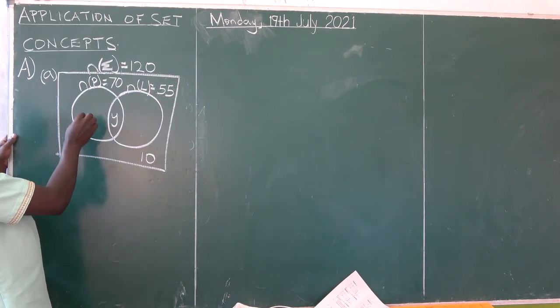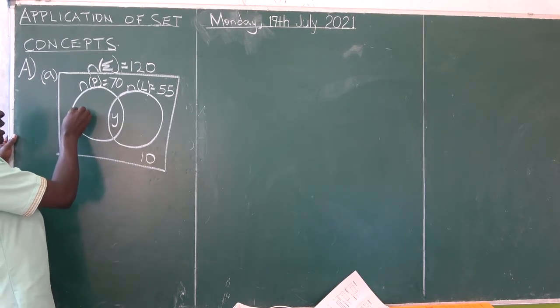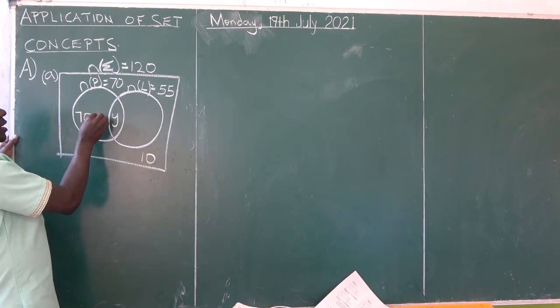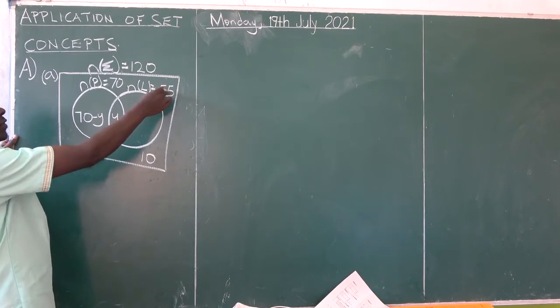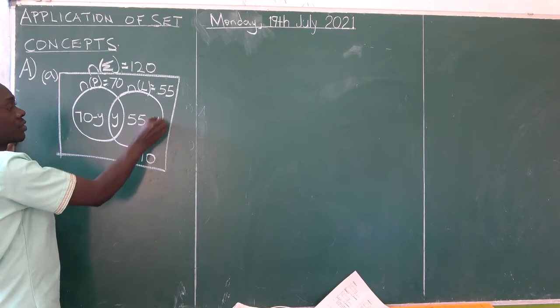But here, find those that are missing, being that they are inside, they are found by subtraction. You get the upper 70 minus Y inside. Likewise, 55 minus Y is the one you fill in here. Say 55 minus Y.